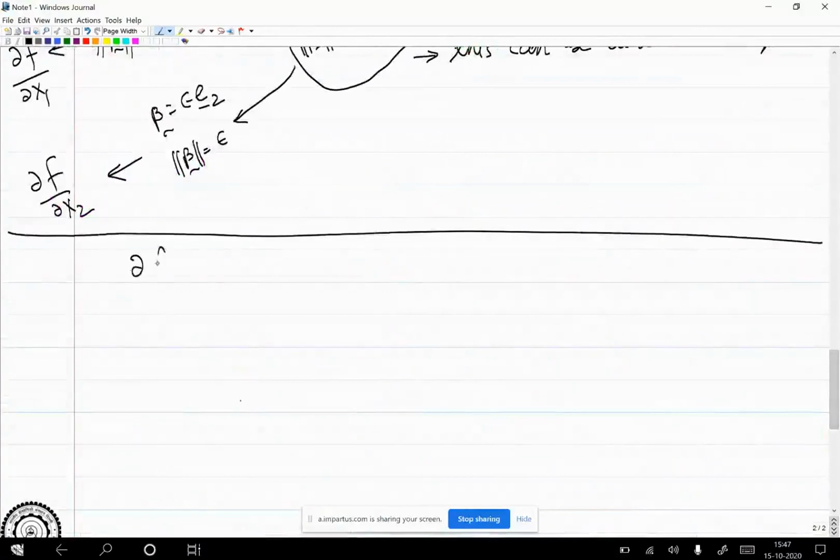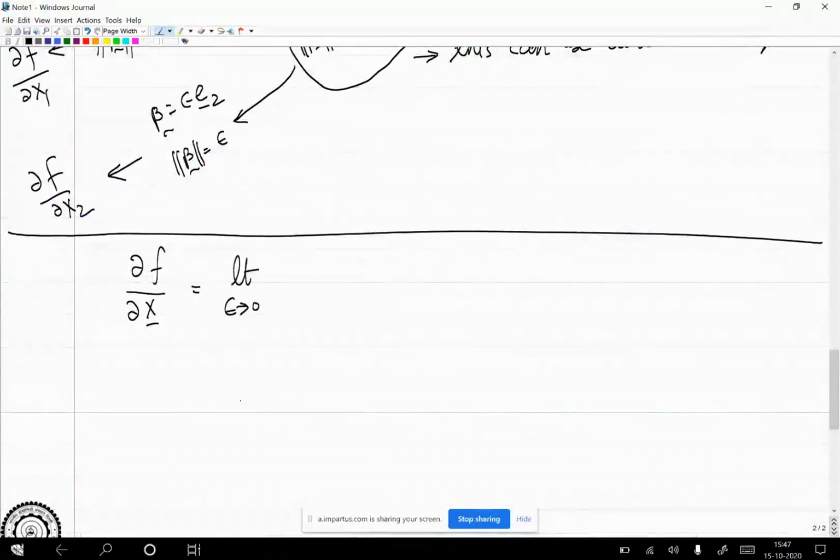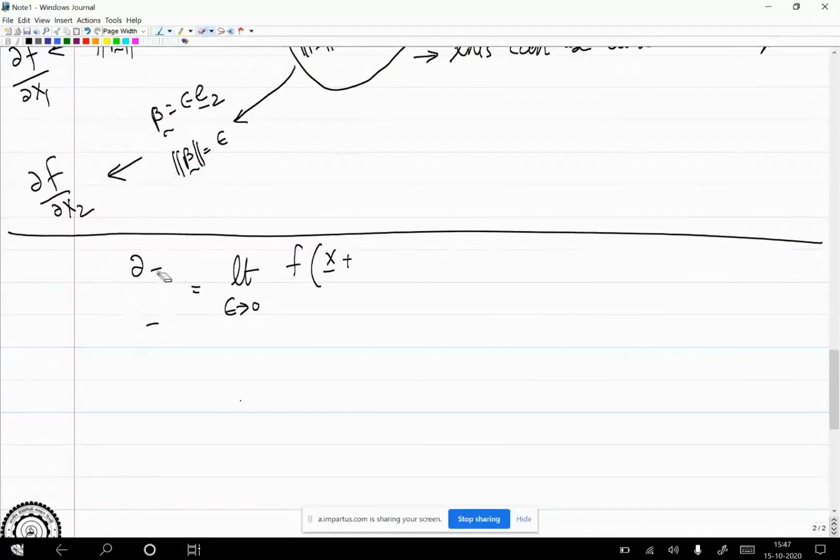So I was saying, how do I define this del f by del x? I said define it in the following way: limit epsilon tending to 0, f of x... well, I can't define it like this. Let me first write what I mean here.